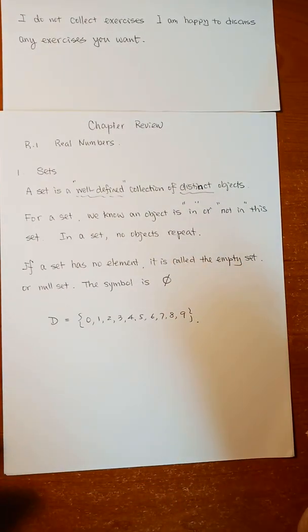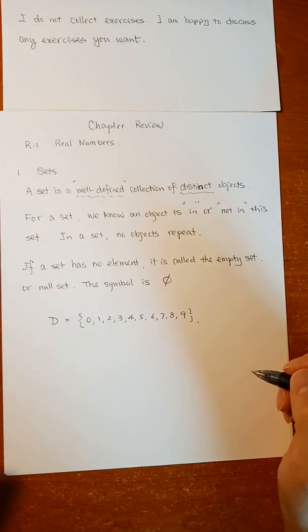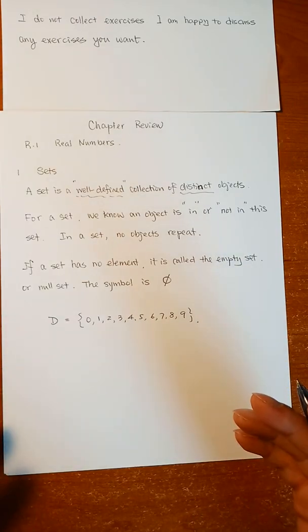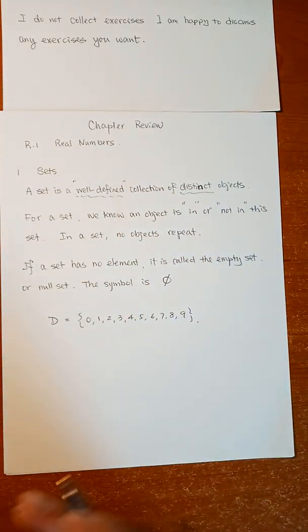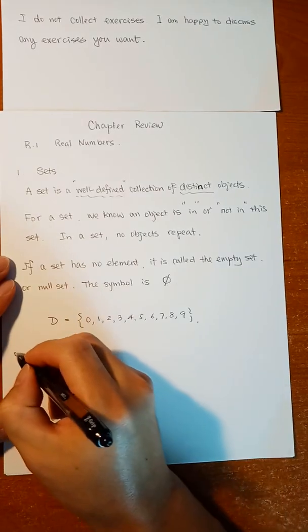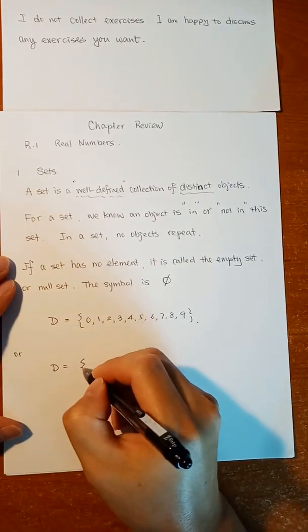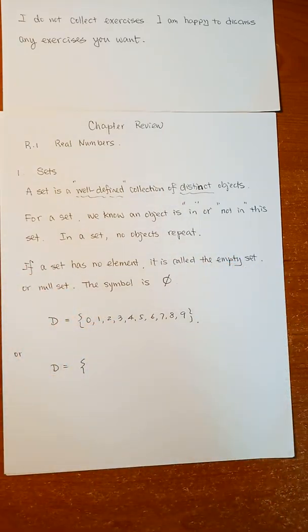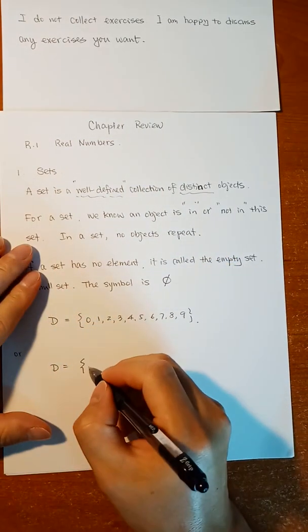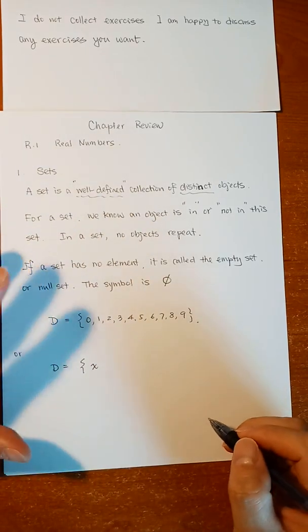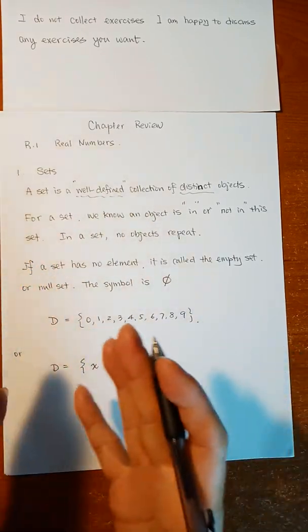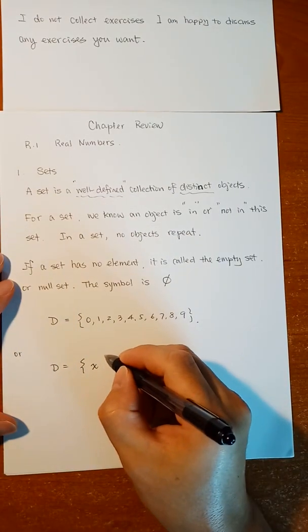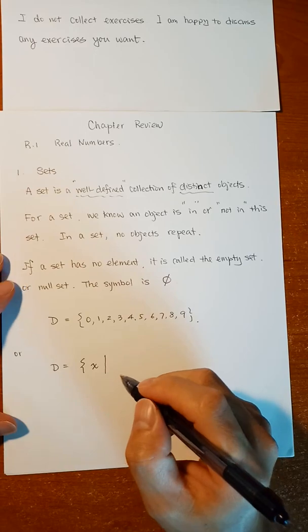The other way to represent a set is to show the property of the objects. So for example, this D can be written like this. We always use braces to present a set. We first write X to represent an object, and we put a vertical segment.